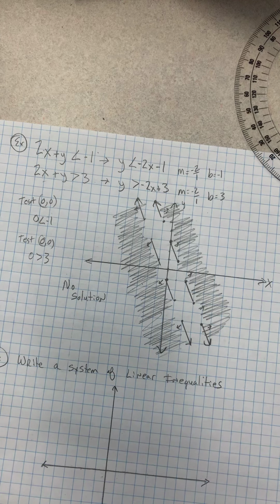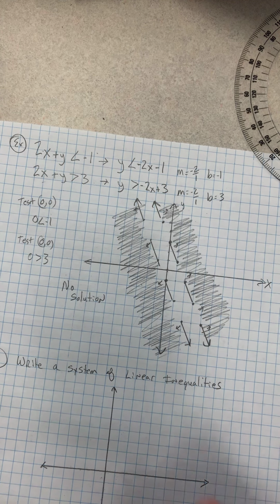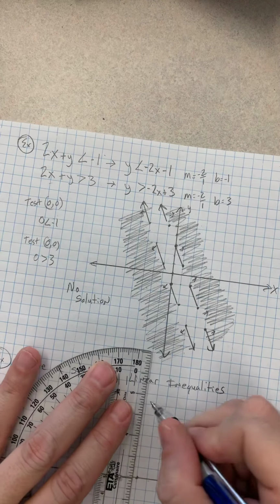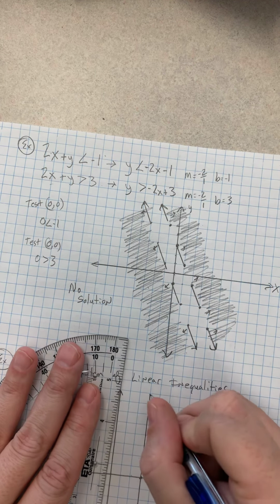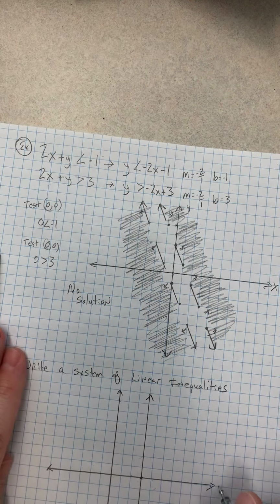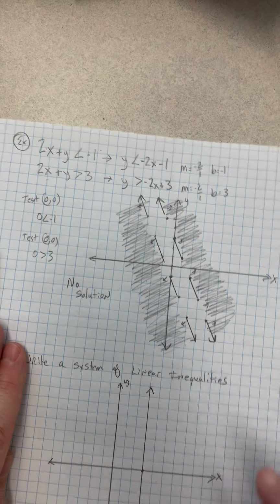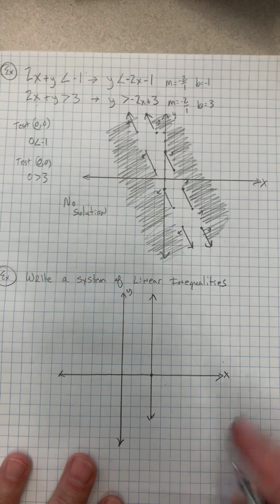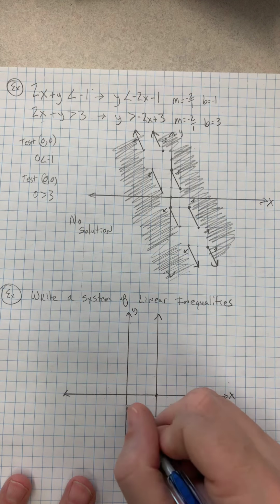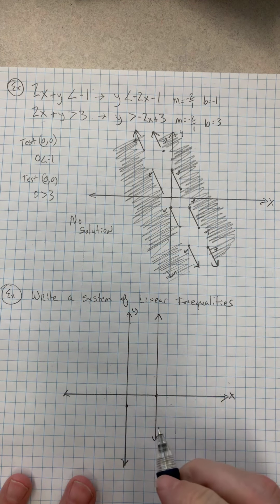Here's one of the lines. I'm going to say I have a vertical line. That's right there. Let me label that as X and Y so it becomes clear. There's one line. And then I am going to put a point right there.